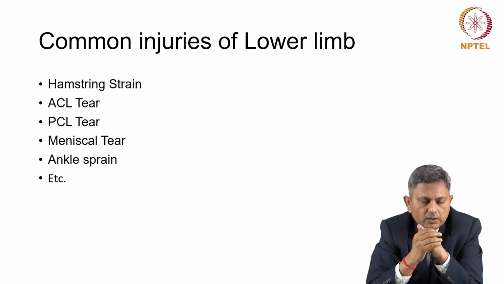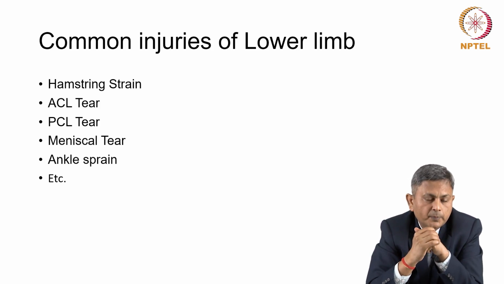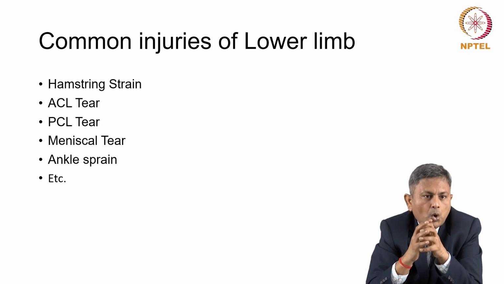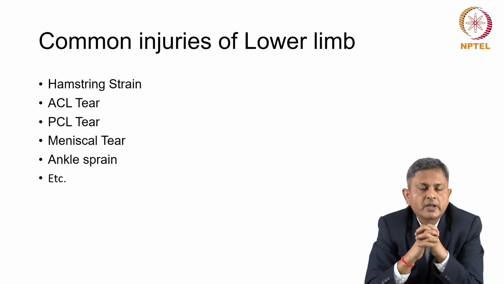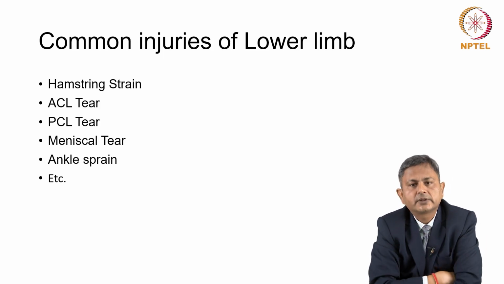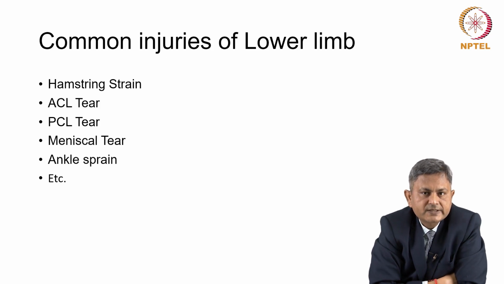They generally get disrupted. ACL tear is quite common compared to PCL tear, and ACL tear usually occurs when sudden acceleration is stopped. ACL tear occurs with a twisting movement and sudden stoppage.